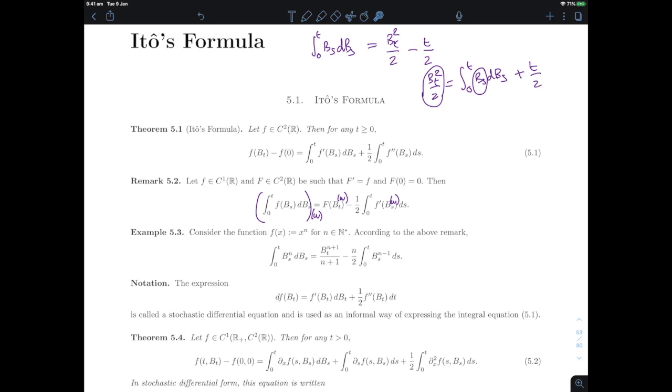So this is what's called a pathwise definition for the integral of f of B_s dB_s. Right? You can fix an omega and compute these things, as opposed to here where the definition that we constructed of the Ito integral involved all of the omegas at once, right?